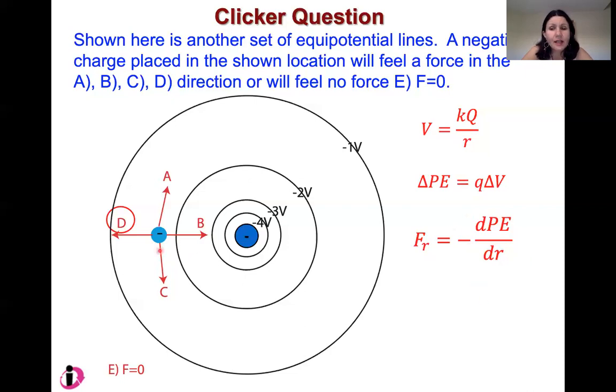If there's a component of the force, remember force is a vector, along the equipotential line, that's where there's no force, because equipotential means potential energy is not changing. The voltage is staying the same. So the force always has to point perpendicular to equipotential lines.